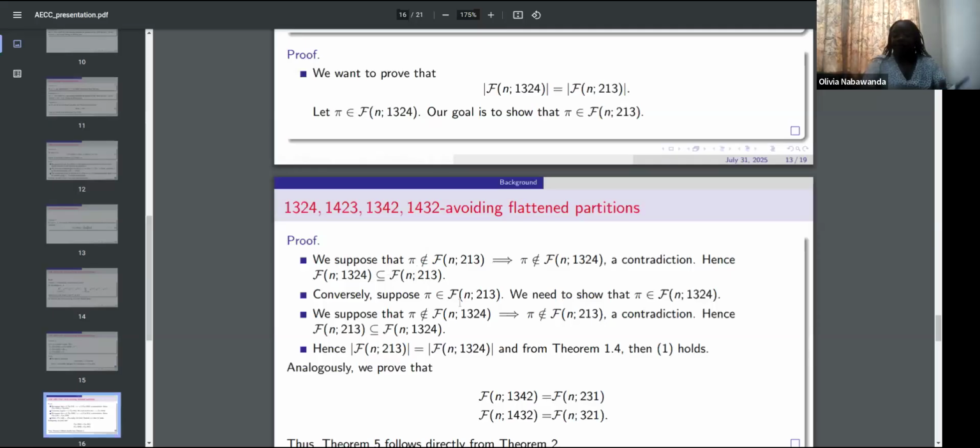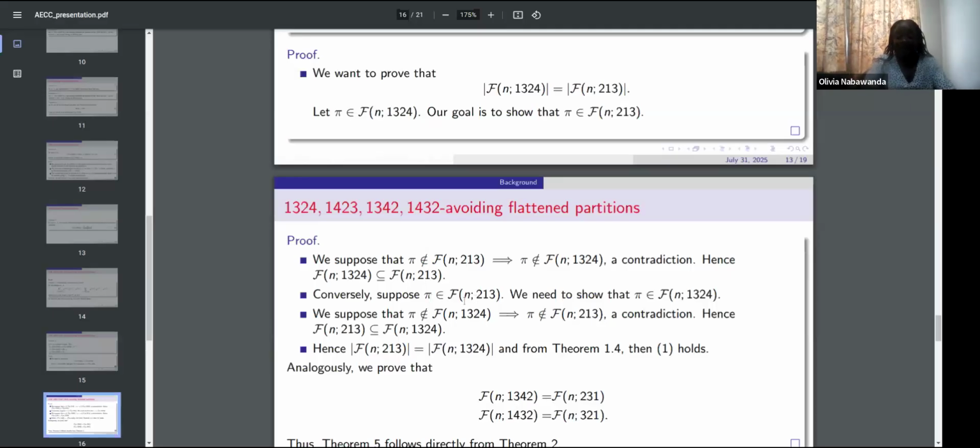And conversely, we did the same by supposing that pi is a flattened partition which is 213 avoiding, and the goal was to show that pi is also 1324 avoiding. Still by contradiction, when we suppose that pi is not 1324 avoiding, we came to the conclusion that it would imply pi is also not 213 avoiding, which still contradicts our initial assumption that pi is 213 avoiding.